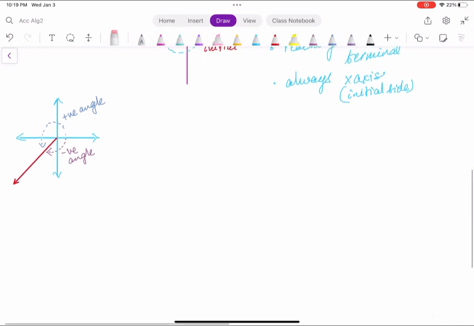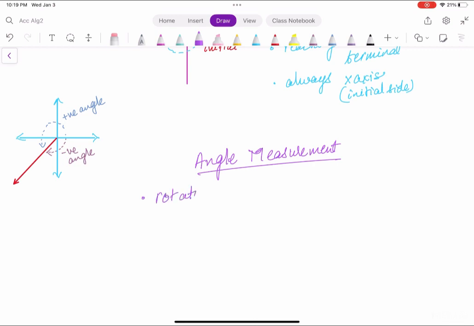Now building upon this concept, let's talk about angle measurement. So a few key things again to consider, because these are the basics. If the basics are pretty clear, then things will be easier. So always remember the rotation from the initial side to the terminal side. Again, initial is the starting, terminal is the end.